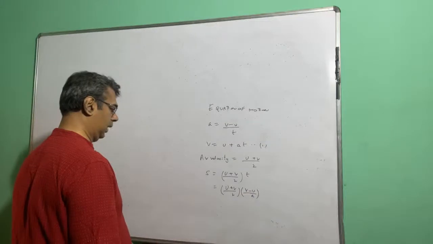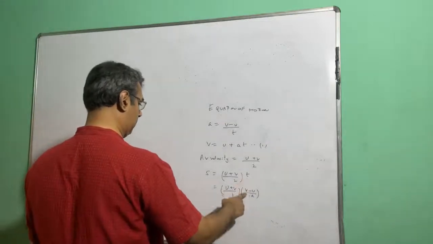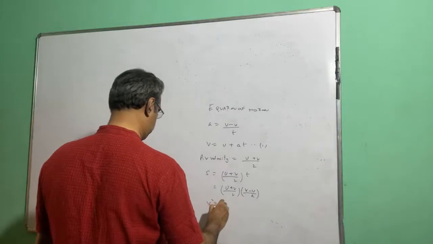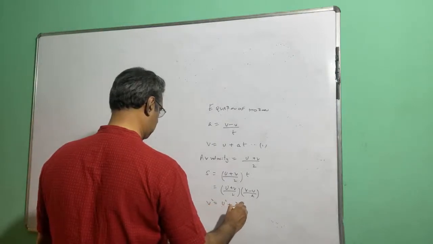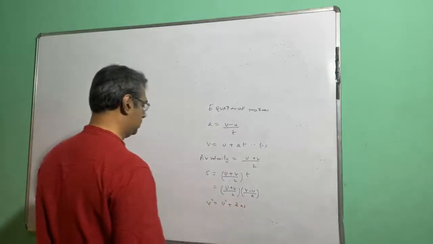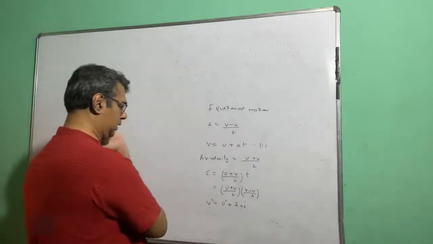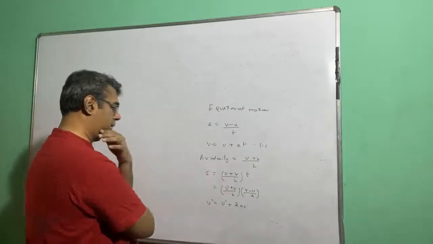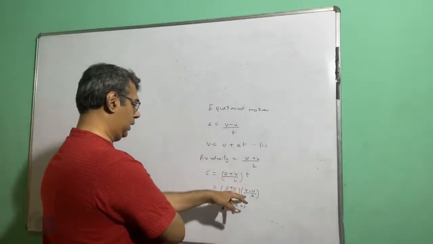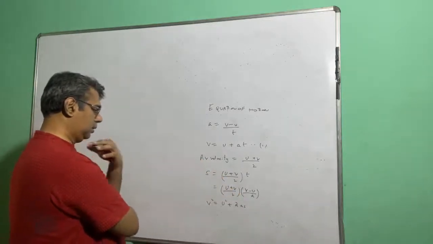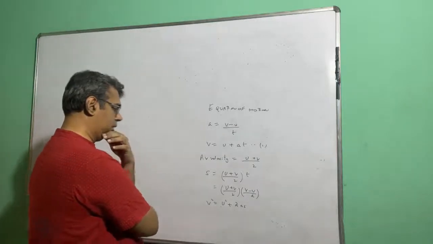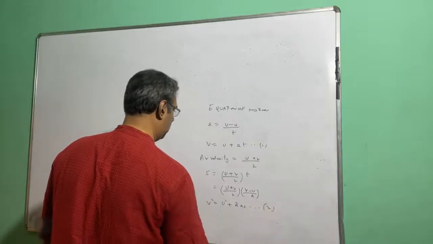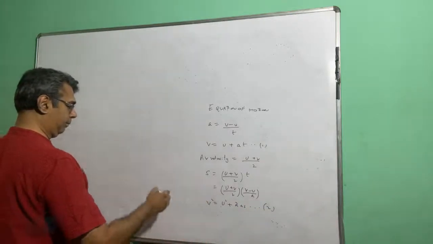So you write u plus v by 2 and instead of time you write v minus u by a. If you cross multiply this, you will get v square equal to u square plus 2as. So this will be equation number 2.